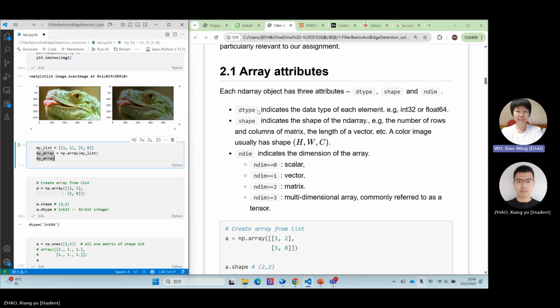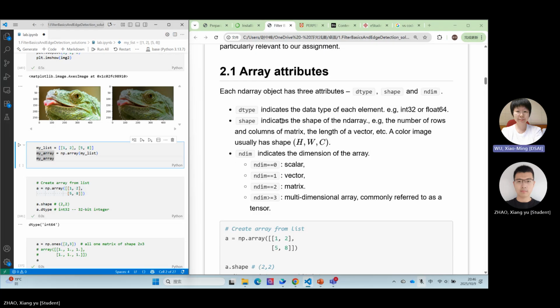Okay, let's see some array attributes. After you have created your own array, each ND array object has 3 attributes: the array type, shape, and number of dimensions.